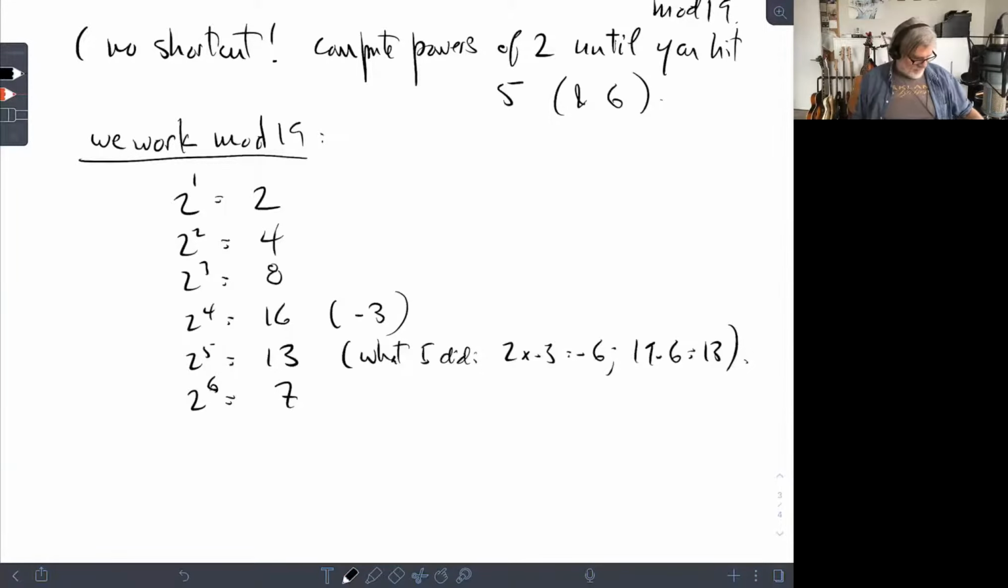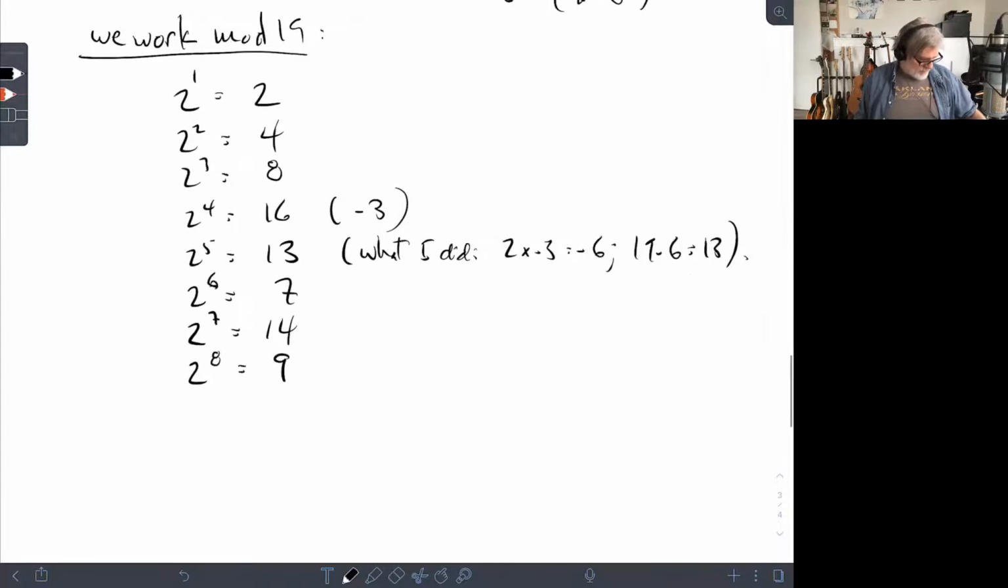But I think this is correct. 2 power 7. 2 times 7 is 14. You see how chaotic this thing is, right? You see how we're going all over the place. It's very interesting. It's quite puzzling. 2 power 8. 2 times 14 is 28, so that would be 9 mod 19. 2 power 9. 2 times 9 is 18.